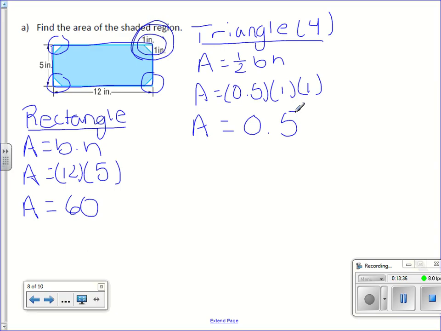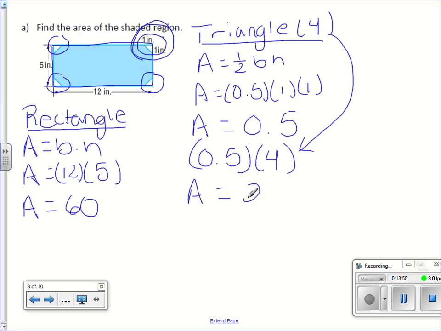Now remember, we have 4 of them. So we need to take 0.5 and multiply it by 4 because we have 4 triangles. 0.5 times 4 is 2. So the area of just the triangles are 2.